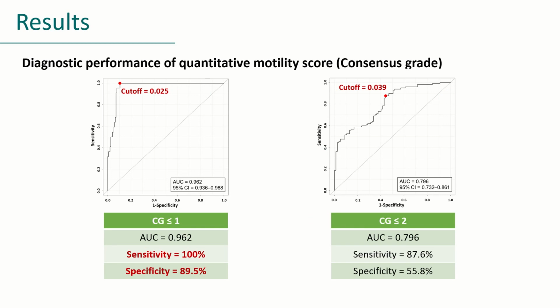In the same analysis using CC, diagnosing CC of 1 showed an AUROC of 0.962 with optimal cutoff of 0.025. The sensitivity and specificity were 100% and 89.5% when using the optimal cutoff. The performance was also lower for diagnosing CC lower than 2.